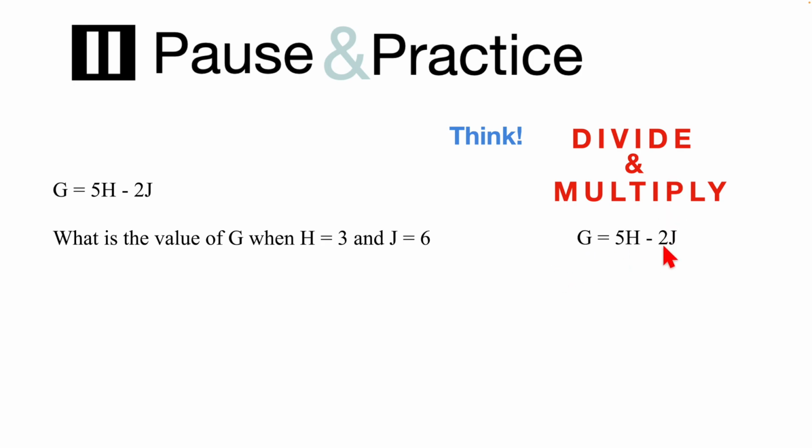It's a difficult question. 5h minus 2j, we will divide this into 2, keeping the minus, don't go through the minus and we'll get into all sorts of trouble. 5 times h, well that's 5 times 3 because h is 3, and we'll keep the minus. Minus 2 times 6, 2j, j is now 6, 2 times 6. So that is g equals 15, 5 times 3, minus 12, which is equal to 3.